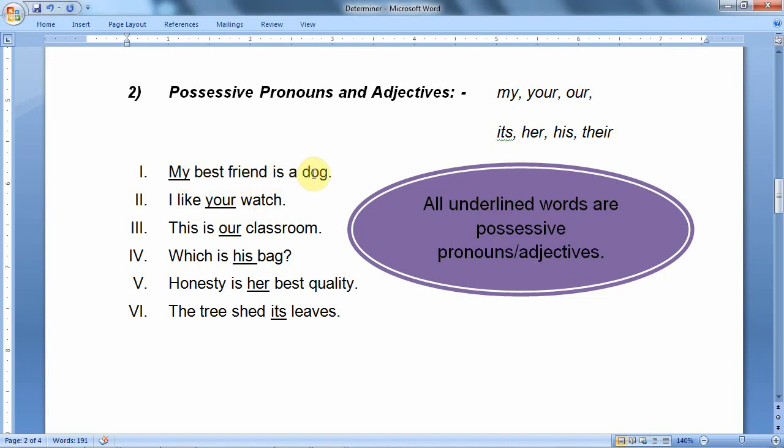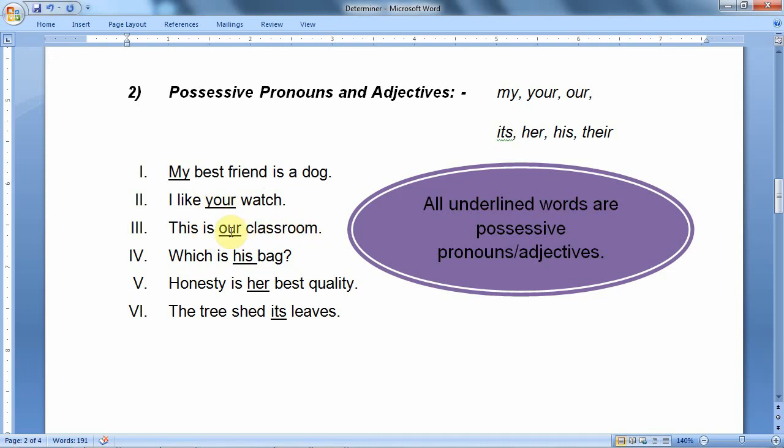My best friend is a dog. My is underlined. All underlined words are possessive pronouns or adjectives. I like your watch. Here your is playing the role of a possessive adjective. Watch is a noun and your is the possessive adjective. This is our classroom.